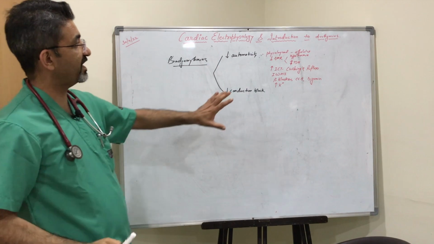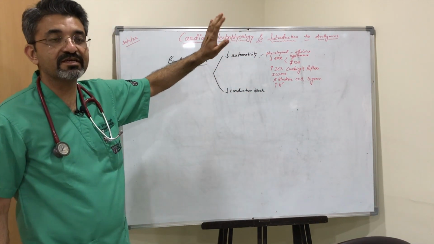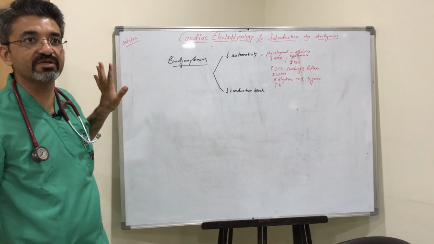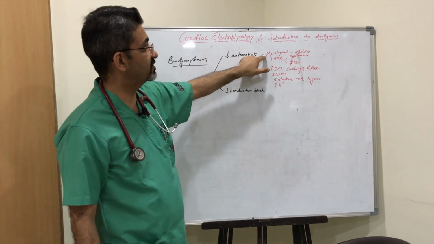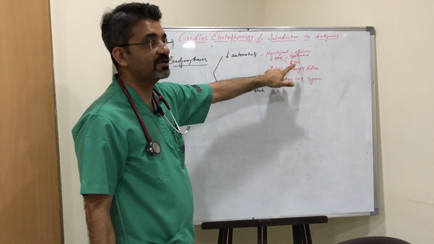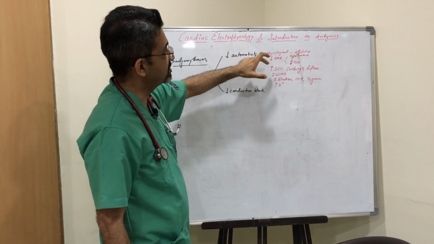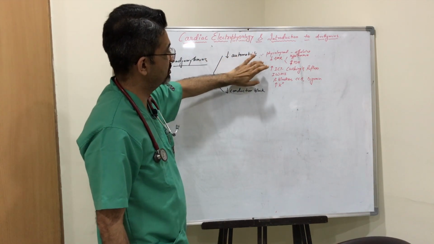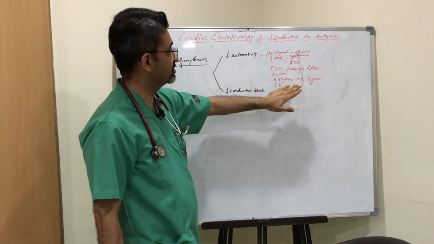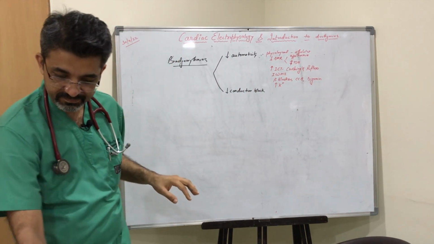So these are the factors which affect automaticity. Automaticity decreases and you have bradycardia or bradyarrhythmias. So physiological in athletes, decreased basal metabolic rate, which is hypothermia, or increase in thyroid hormone, myxedema, increased ICT as a part of Cushing's reflex, inferior wall MI, a patient who is on beta blockers, calcium channel blockers and digoxin, and a patient who has hyperkalemia, right?